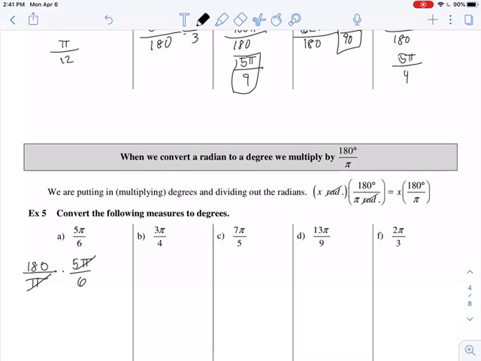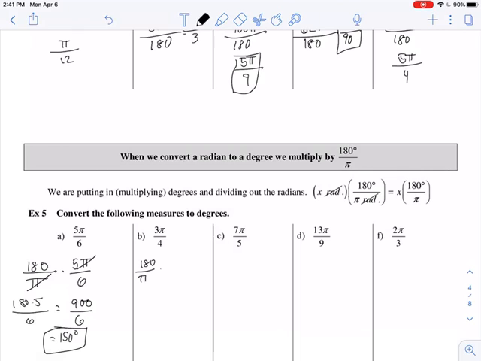So now I will multiply, so I end up with 180 times 5 over 6. All right, that gives me 900 over 6, which again will reduce down, and you can generally just put this in your calculator. That's going to come out to 150 degrees.